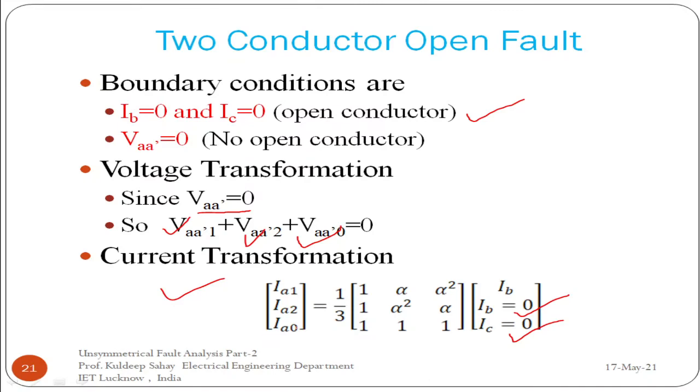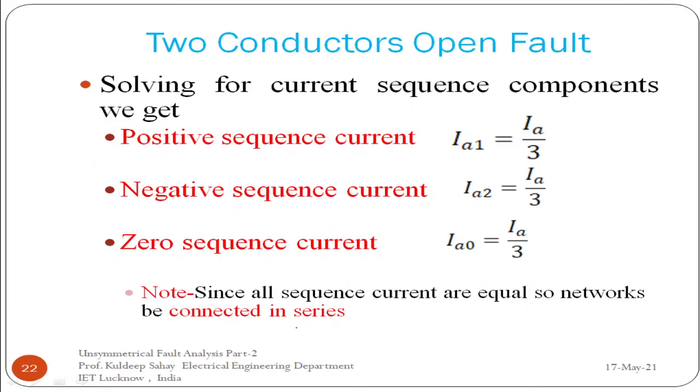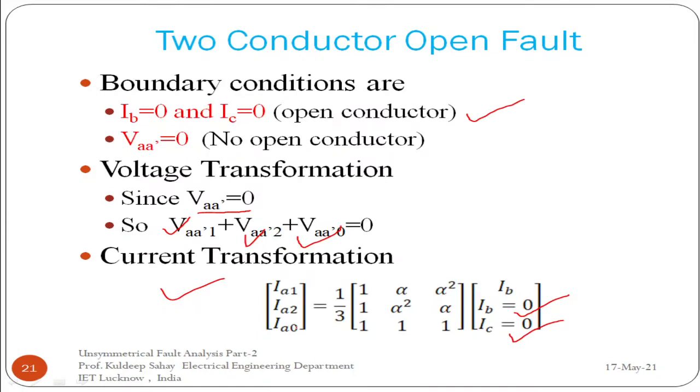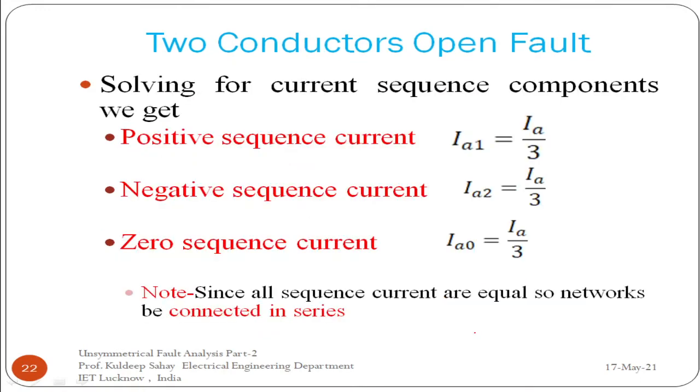So you can see that all the sequence currents are equal, and that value is IA by 3. The positive sequence current IA1 equals IA by 3, the negative sequence current is also IA by 3, and the zero sequence current is also IA by 3.